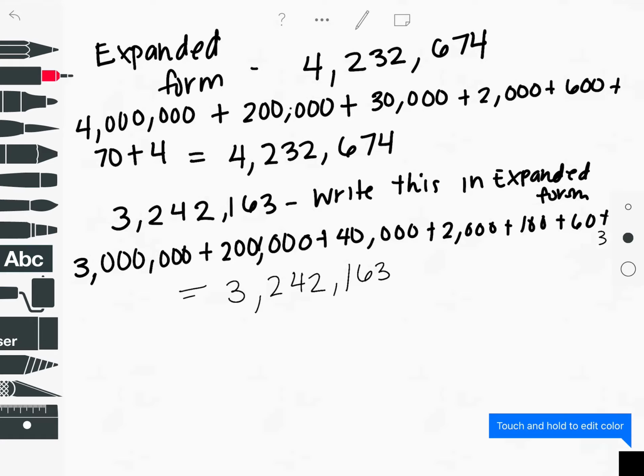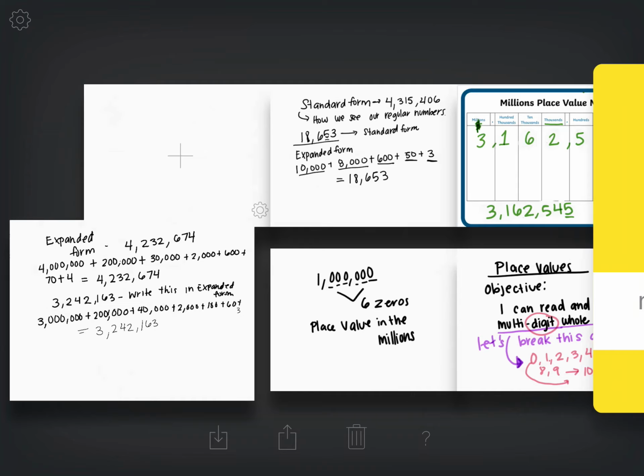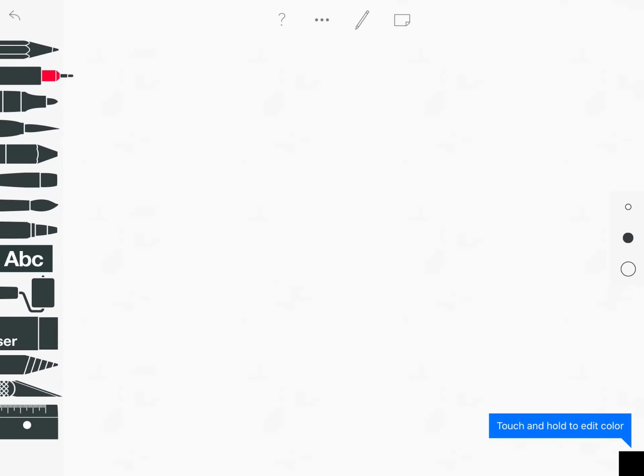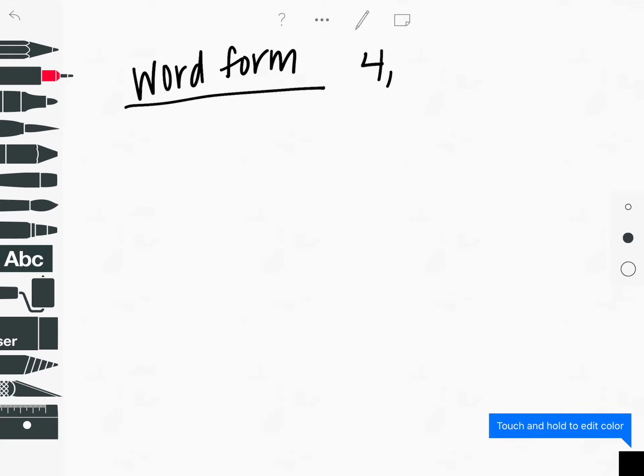Now let's talk about our next form. We have the word form. Yes, spelling counts here. So the word form. If my number is, for example, 4,315,406, I ask you, write this number in word form.